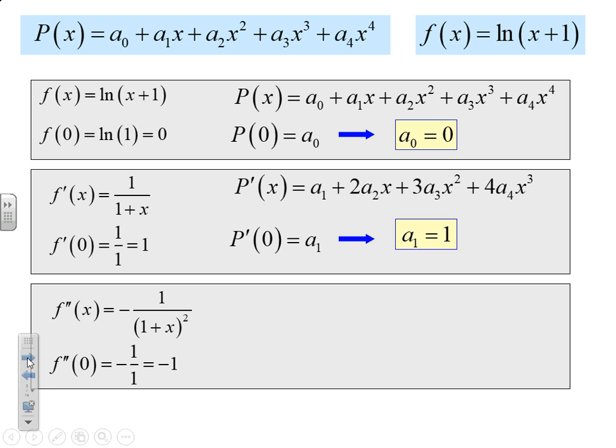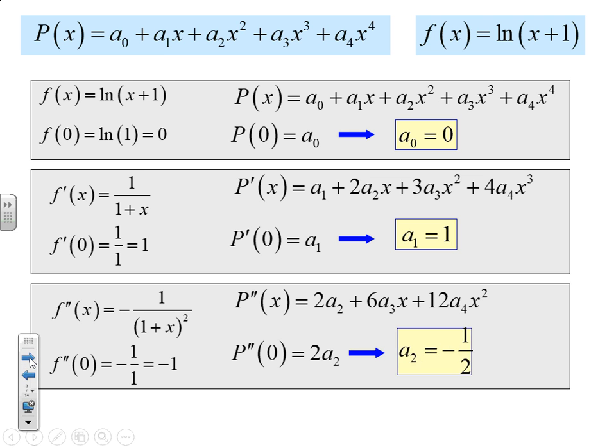Polynomial second derivative: 2a sub 2 plus 6a sub 3 x plus 12a sub 4 x squared. When we evaluate that at 0, we're left with 2a sub 2. That has to equal the negative 1 if we want these two to be the same at the second derivative. Therefore, a sub 2 is negative 1/2. Interesting.